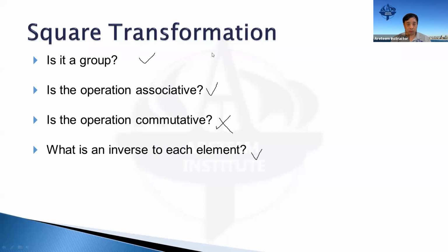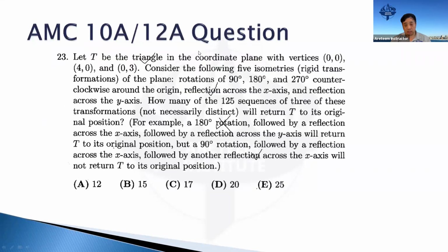The next question is an AMC 10 problem. I won't have time to discuss the solution, but it is very much involved in the group theory scenario. It is a 10A and 12A question, number 23 on the 10A, I believe. There are rotations R1, R2, R3 counterclockwise, and reflections across the x-axis and y-axis, FV and FH.